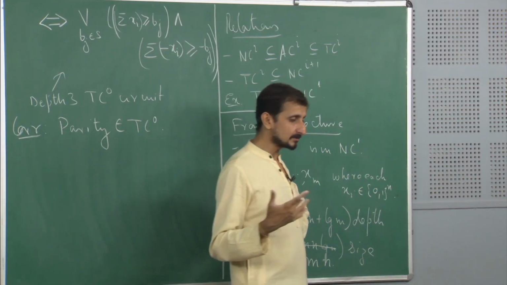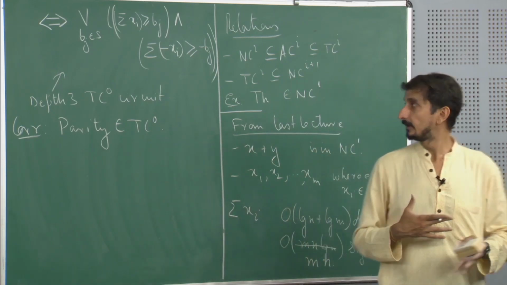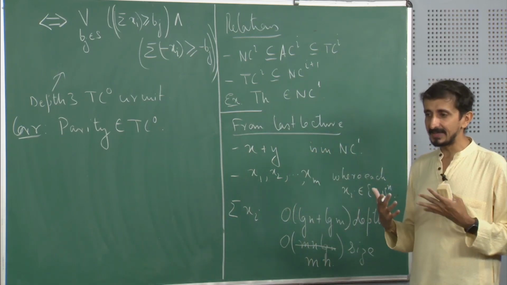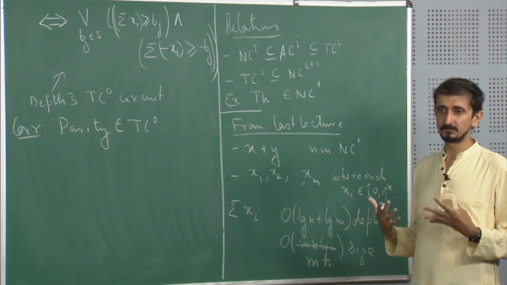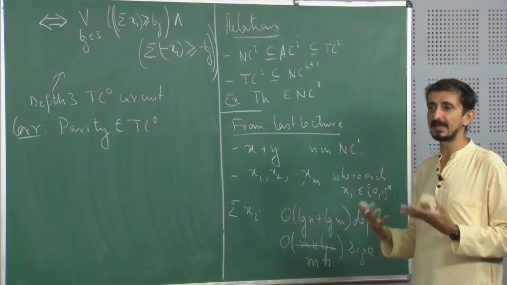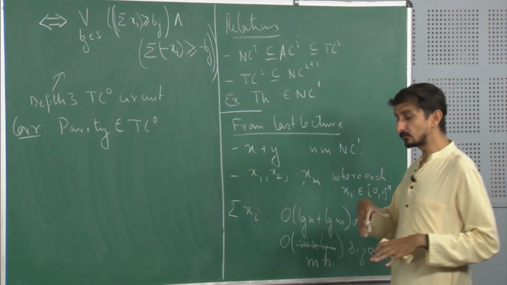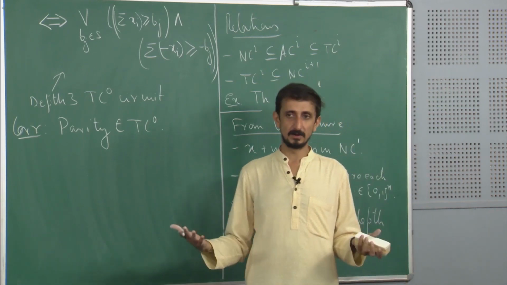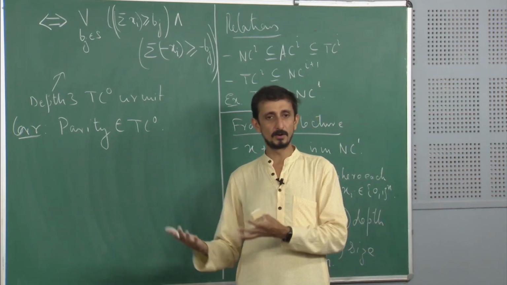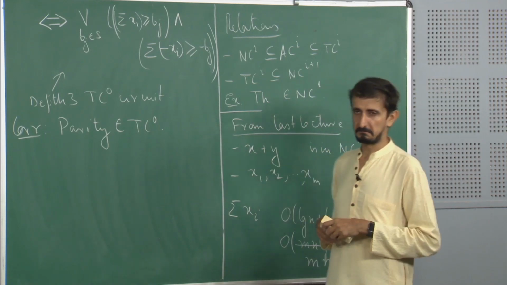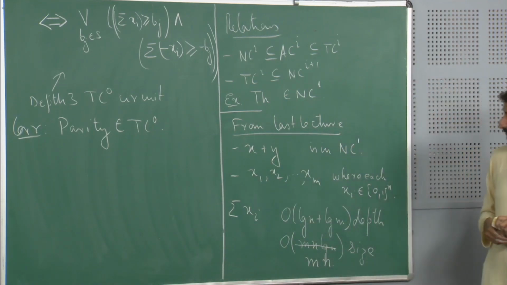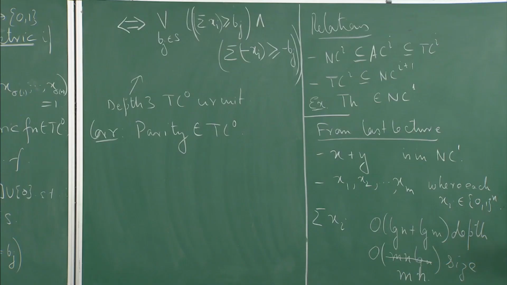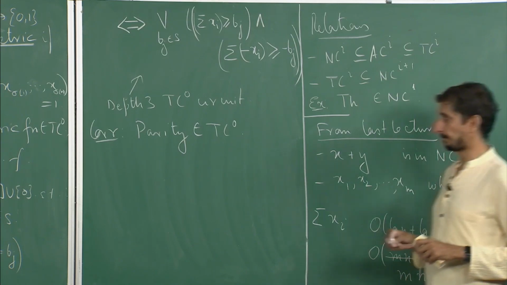And they are not just proofs which showed that parity is not in AC0, but they actually developed very nice techniques, which are useful for proving lower bounds for other functions as well. Okay. So this is kind of what we have.